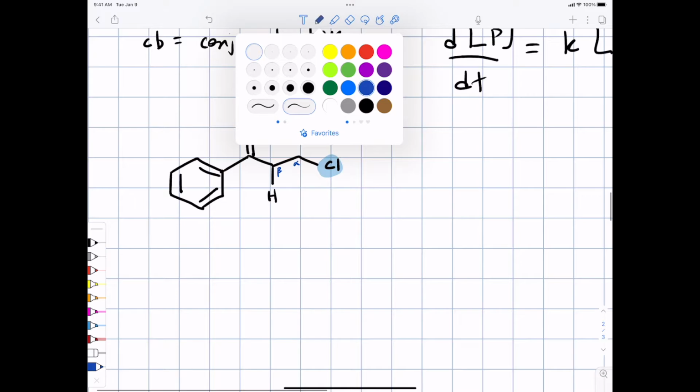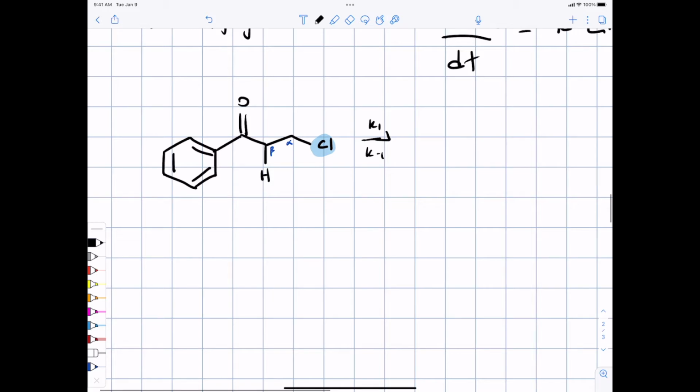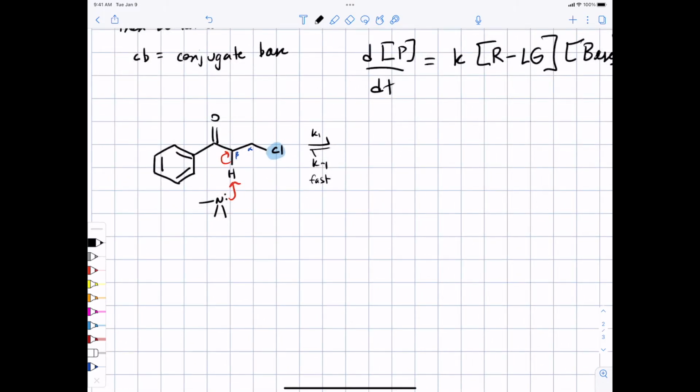Okay, so what we're saying is basically you've got this rapid pre-equilibrium step where a base, in this case triethylamine, removes the proton. And the reason that can happen without the elimination occurring right away is that the anion is resonance stabilized.